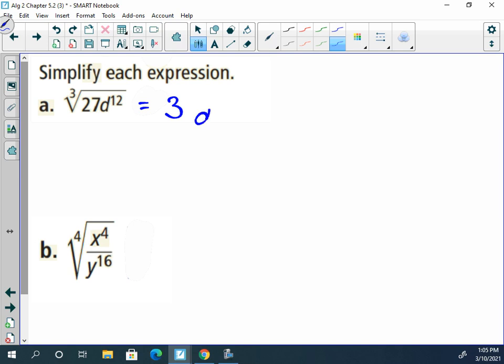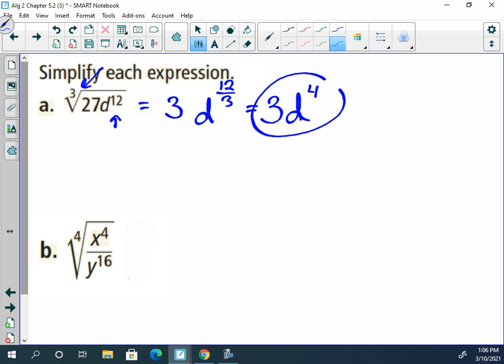Now the variable, I'm going to rewrite it as our fractional exponent. So the numerator is going to be the exponent inside, which is 12. And the root is our index, which is 3. We have 3d, 12 divided by 3 is 4. 3d to the 4th.